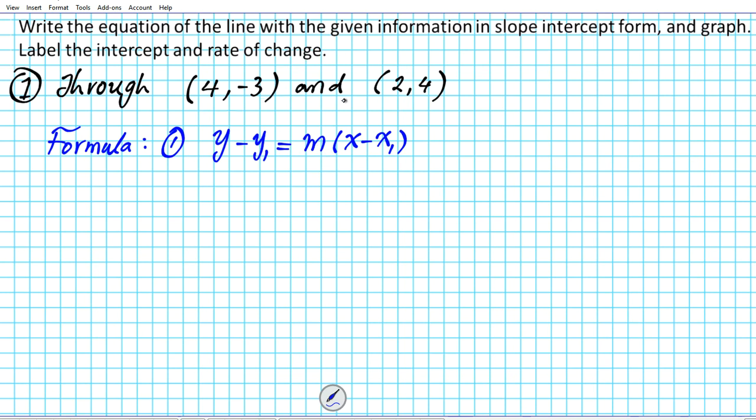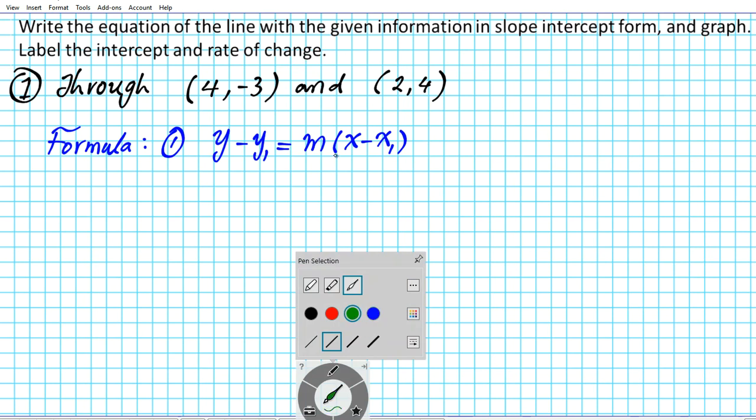If you take a look at what we're given in this particular problem, we do not know what the slope is. So how do we find the slope? To find the slope, we're going to use another formula. Formula number 2 helps us find m given 2 points.